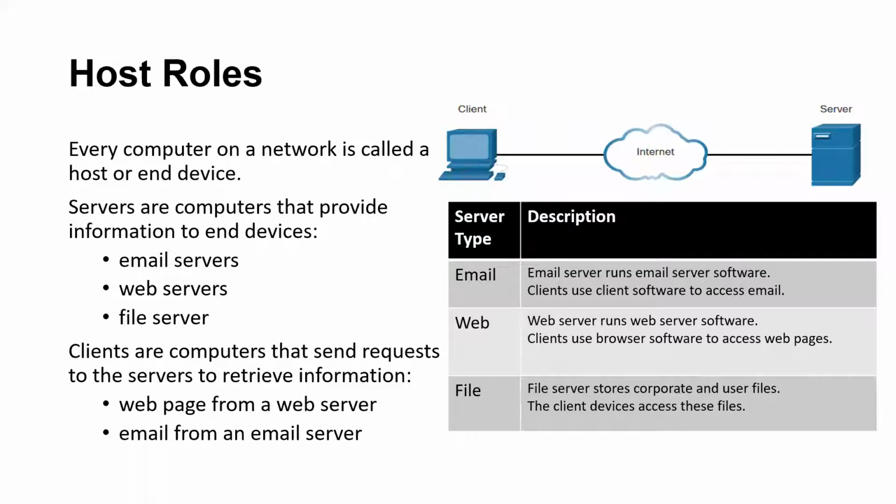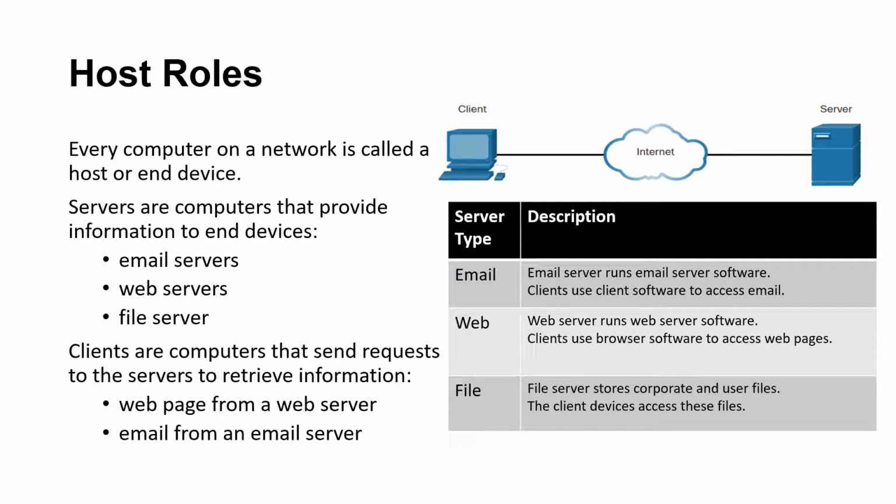Basically, we have the hosts. Every computer on a network is called a host or end device. Servers are computers that provide information to end devices. And we have different types of servers. We have email servers, web servers, and file servers.